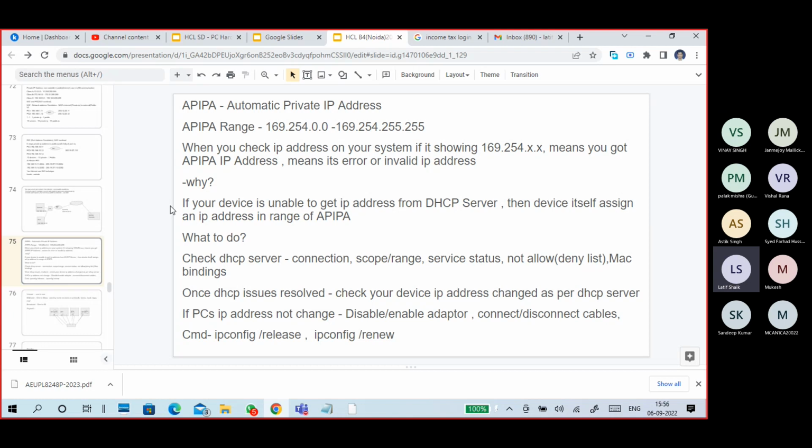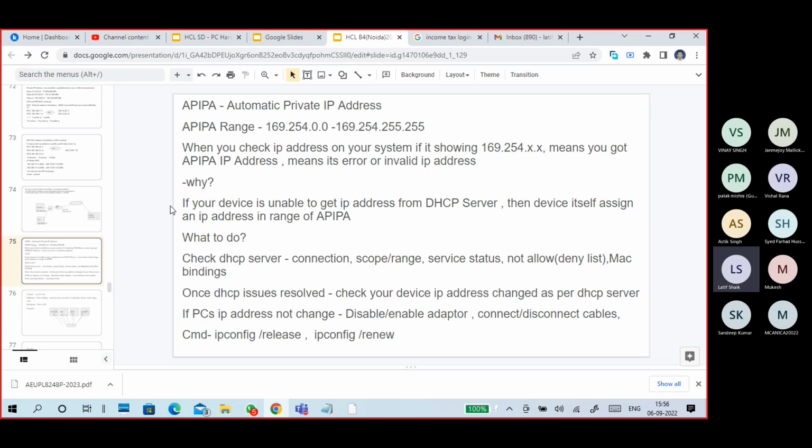What is the error here? Whenever you are unable to get an IP address from DHCP, your system or device will itself assign an IP address. So you will get APIPA.